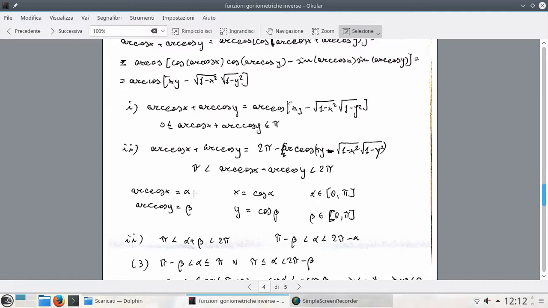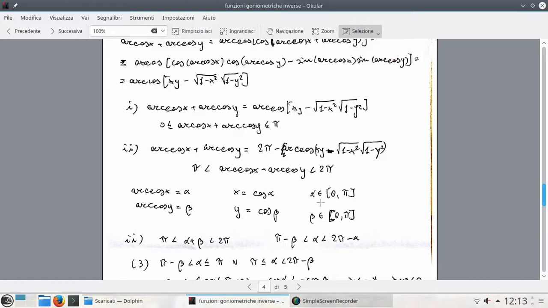Okay, in the same way, set arccos x equal alpha, arccos y equal beta. So we have x equals cos alpha and y equals cos beta, and alpha and beta are both in the closed interval 0 to pi.